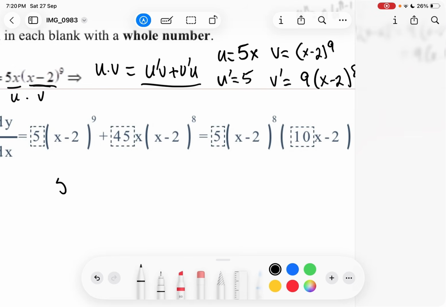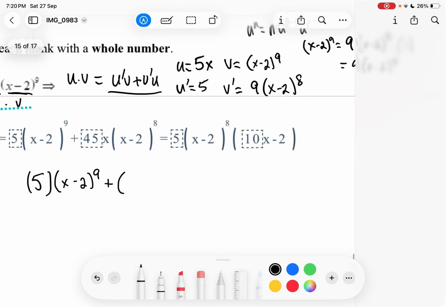U prime, which is 5, times v, which is (x - 2) to the power of 9, plus v prime, which is 9(x - 2) to the power of 8, times u, which is 5x.